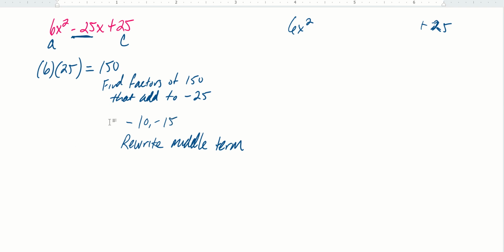Now, I'm going to write the 15 first just because 6 and 15 have a common factor, but it really shouldn't matter because there's a common factor for both terms, and you'll see what I mean in a second. Okay, so the next step is we're going to group the first two terms, and we're going to group the last two terms.